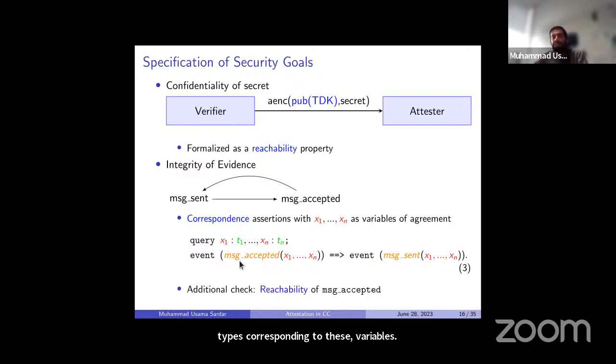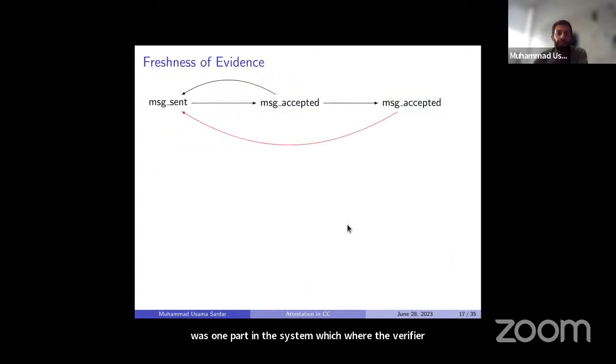But this query only checks that if a message was accepted at the verifier end. So to remove that if condition, we also need to ensure that there was at least one path in the system where the verifier could accept a message. There is one more problem: multiple messages at the verifier could be accepted corresponding to a single message sent, for instance, as shown here.